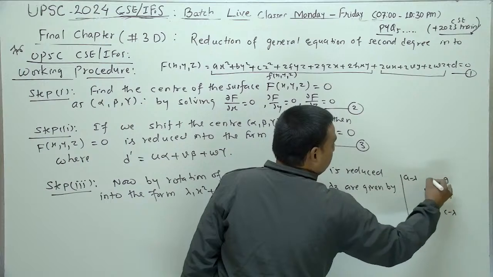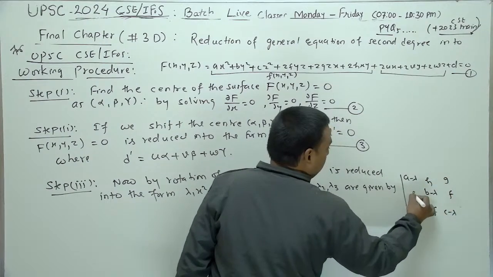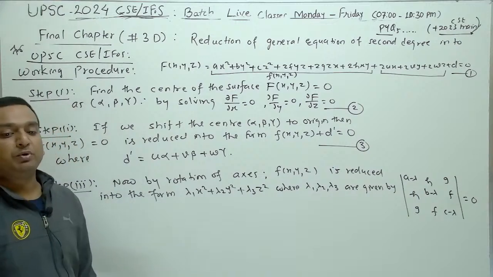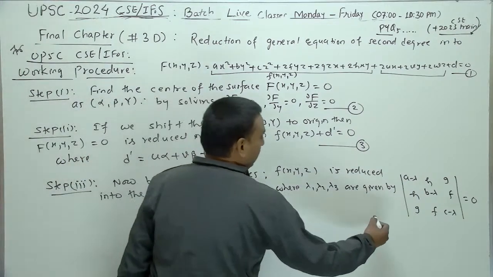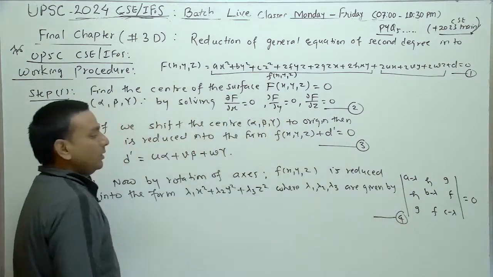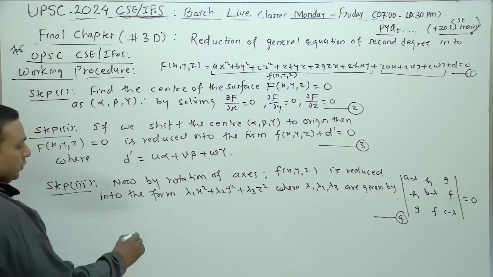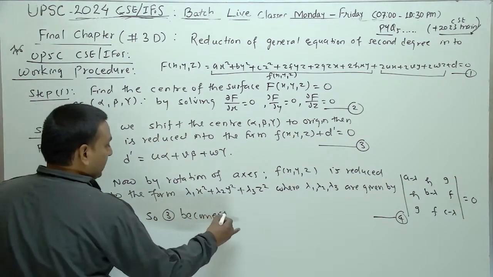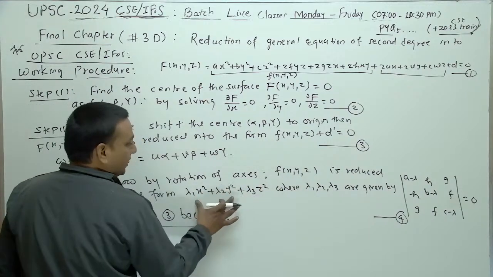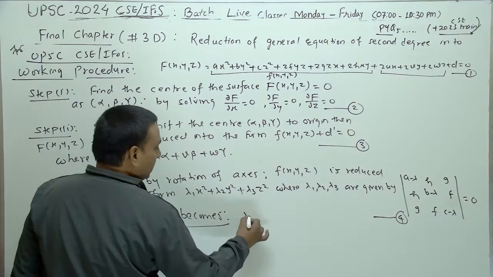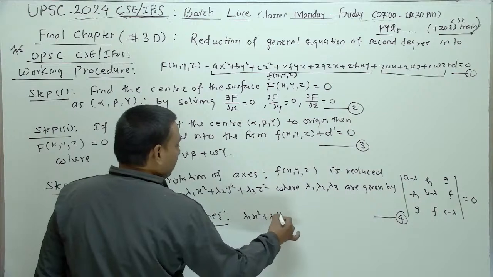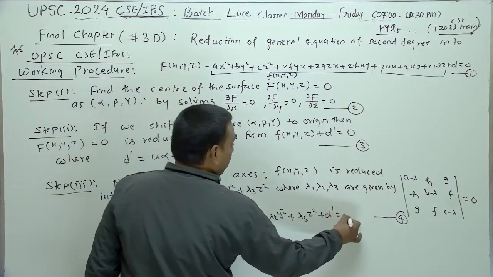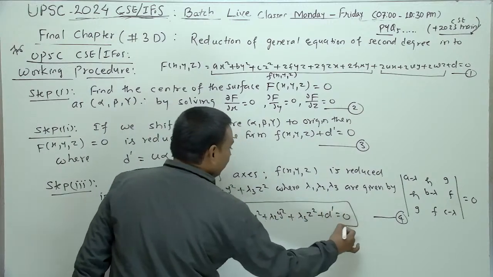So this is f g h f g h. कोई दिक्कत यहाँ तक? एकदम से कंप्यूटेशनल टाइप है, एकदम कंप्यूटेशनल टाइप, राइट? So 3 becomes, क्या बन जाएगा? f of x y z converted to this, so 3 becomes lambda 1 x square plus lambda 2 y square plus lambda 3 z square plus d dash equals to 0.